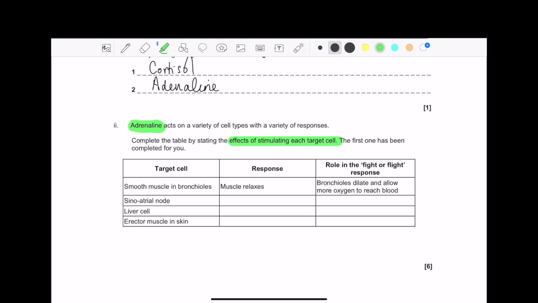Do you see the difference? Because that second answer takes into account that I am speaking about the effects of adrenaline on this target cell. So the role in the fight or flight response would probably be the increased heart rate, blood circulates around the body more quickly. Now, liver cells. What do they do?